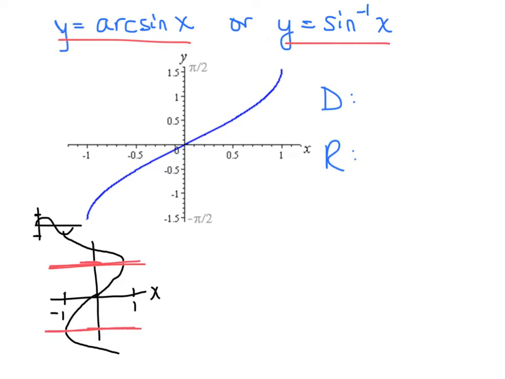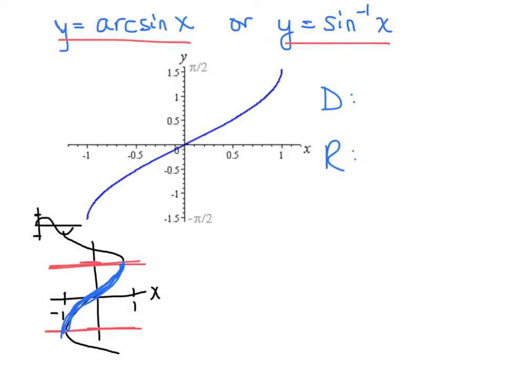We say we are only going to focus in on this part of the graph. Because if I do that, I have all values from negative 1 to 1 covered, and it remains a function. That's what they've done. They've truncated the function, so we're only looking at the values from negative pi over 2 to pi over 2 on the y-axis.